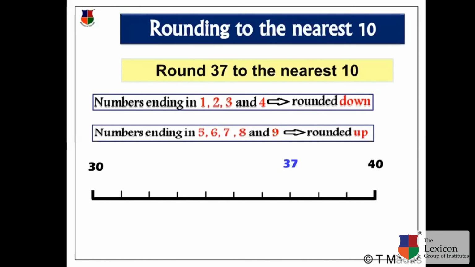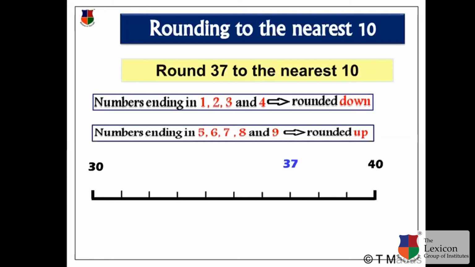Then I look at the immediate right hand side number, that is 7, correct? Look at rule number 2 here, numbers ending in 5, 6 and 7. So this number ends with 7, correct? So I will round off this number to the upside.